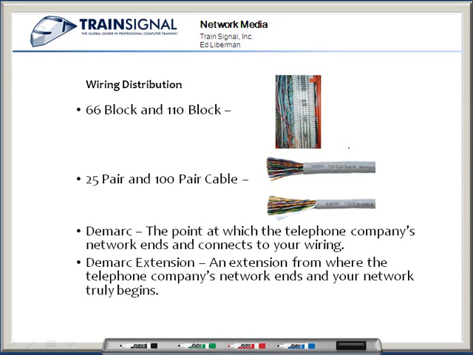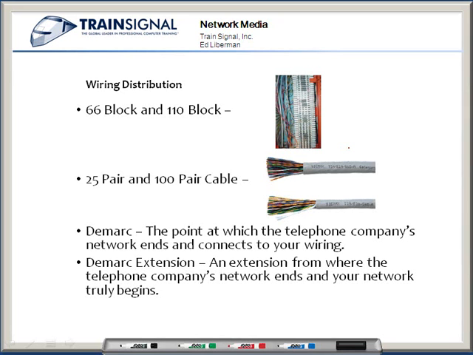A demarc extension is really nothing more than, it's kind of like making an extension of the way the telephone company's wiring is in place, meaning there's a difference between the way your wiring is and the way their wiring is.